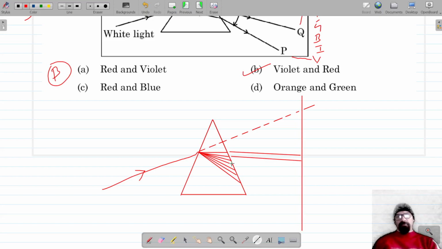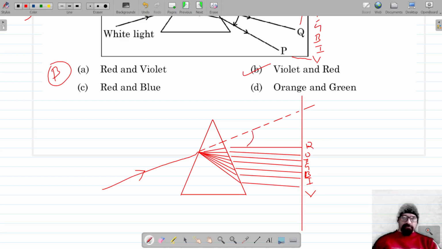We remember those seven colors by the acronym VIBGYOR, and we have to write it from downward to upward: violet, indigo, blue, green, yellow, orange, and red.